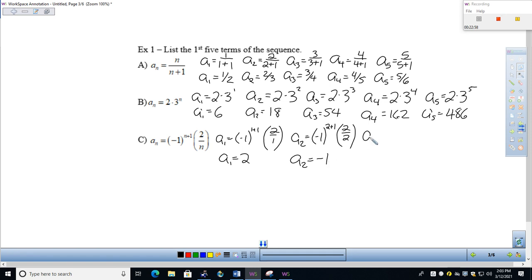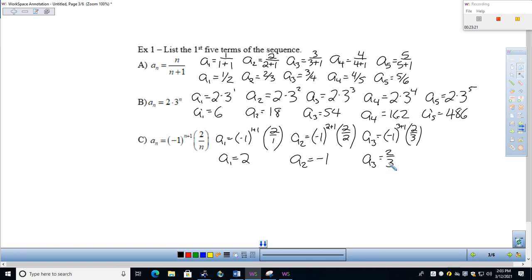Cool. A sub 3 would be -1 raised to the 3 plus 1, and then 2 over 3. And so I'm getting a sub 3 equals, and let's take a look. Oh, when I do -1 to the fourth, that just brings me back to +1. So +1 times 2/3 should be 2/3.